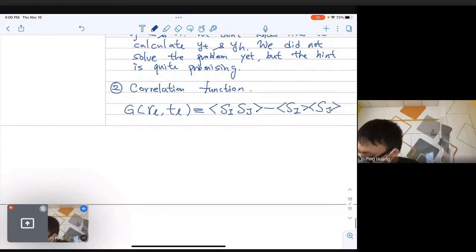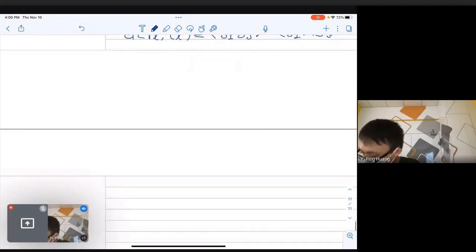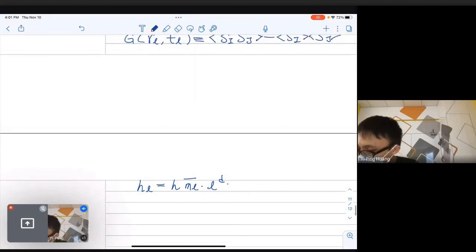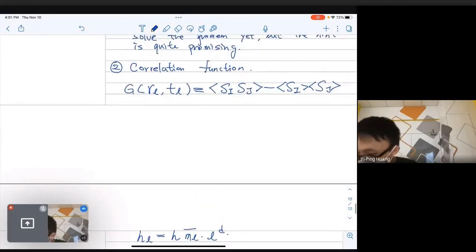As we already mentioned, we know how the effective Hamiltonian HL is related to the original model, which is defined with lattice constant A. I'll just reproduce it here, times L to the D. By the way, I forgot to mention another thing.